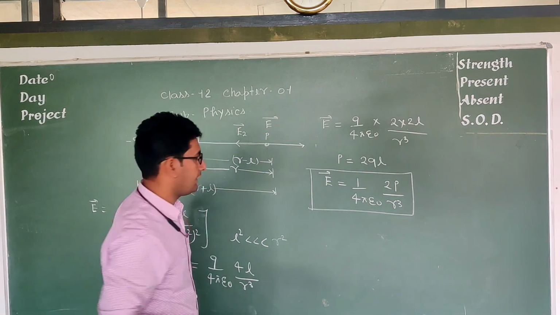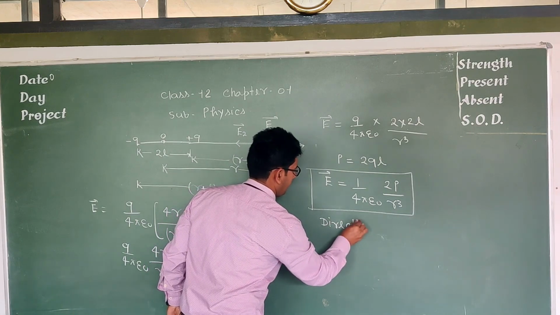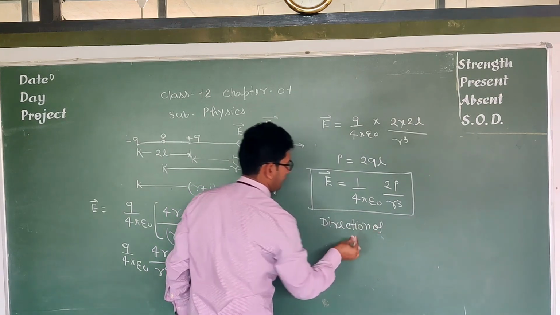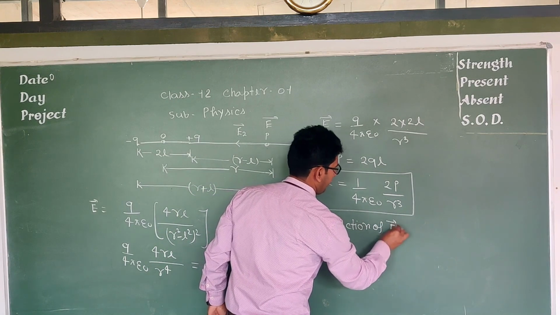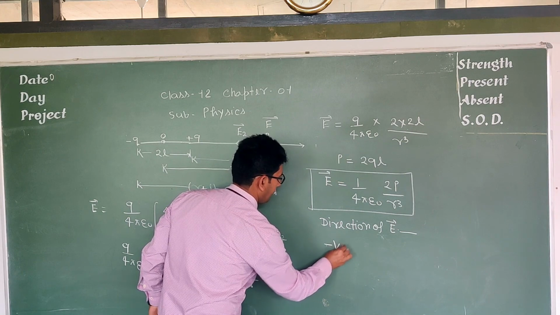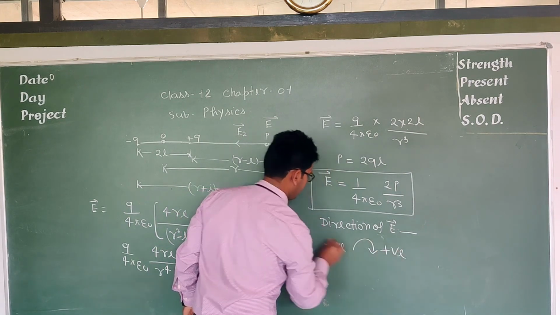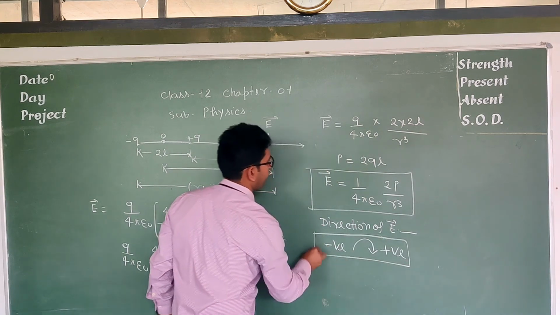So we can say the direction of electric field intensity in this case is negative charge to positive charge. It is also an important point. Thank you.